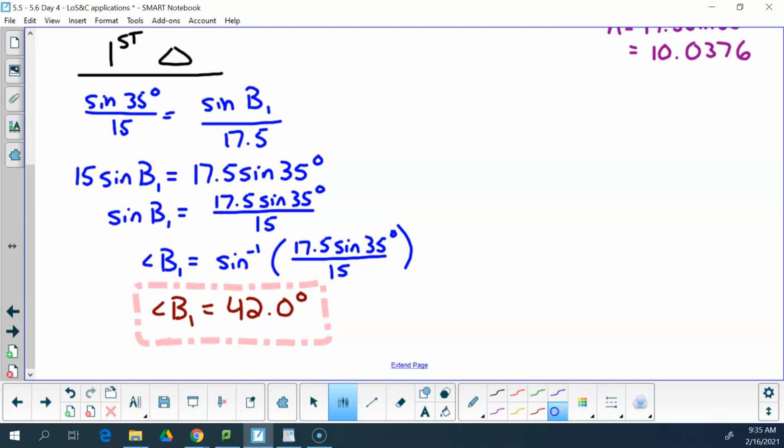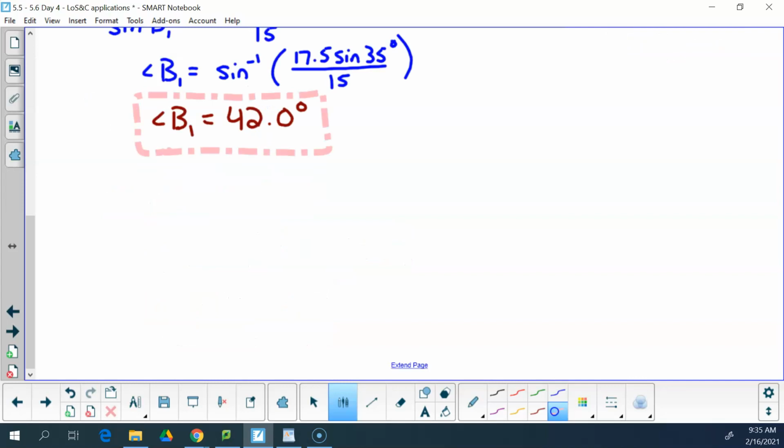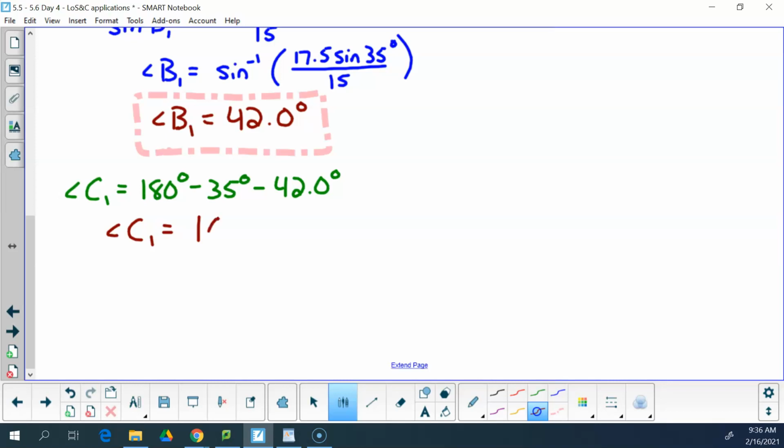Agree? Love it. Angle C sub 1 is, depending on what you rounded it to, 103.0 degrees or 102.997 degrees or whatever, somewhere in there.